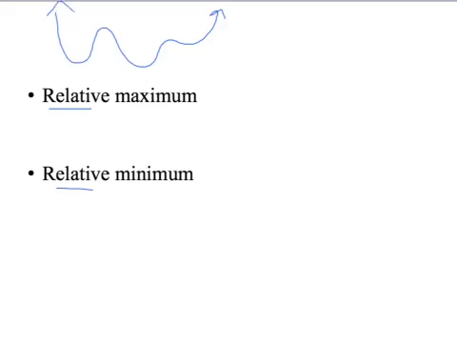So we know that given this random shape, the end behavior is both up, up. So we're looking at an even degree. Well, and we have 1, 2, 3, 4, 5 possible turning points.